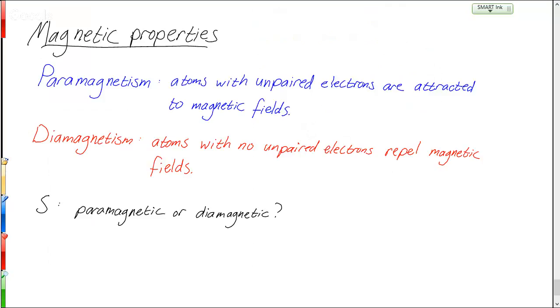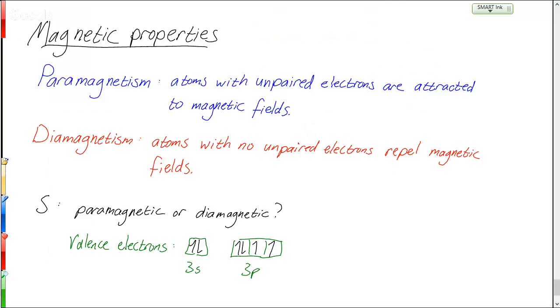So we look at the valence electrons. Sulfur is going to go from neon and then have 6 valence electrons. So that's going to be the 3s and the 3p. 1, 2, 3, 4, 5, 6.